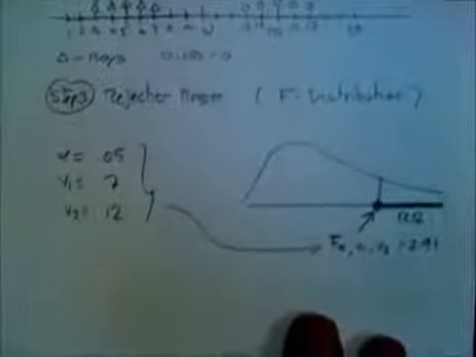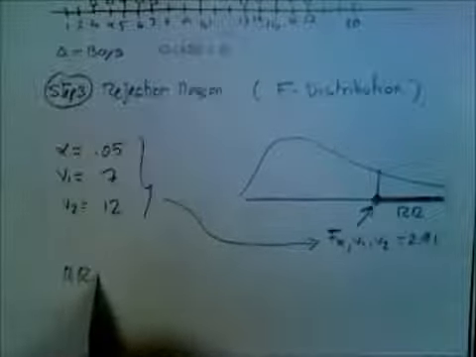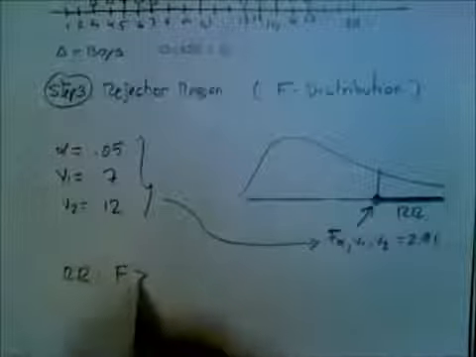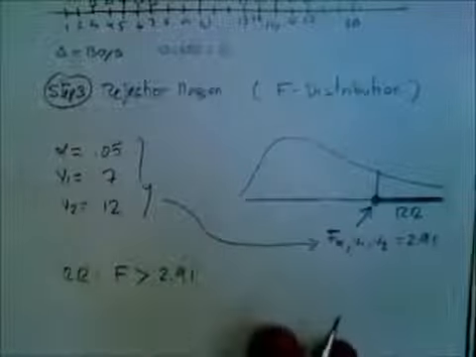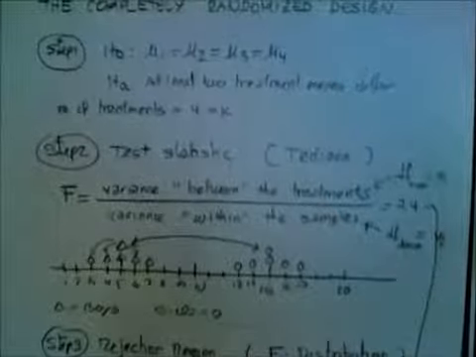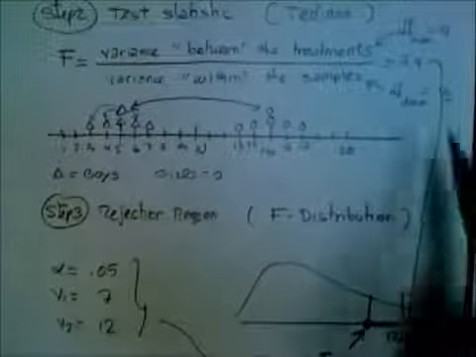And then what is the rejection region? The rejection region will be the values of F that are greater than 2.91. If the test statistic that we calculated here was in fact 7.4, then we see that 7.4 falls right in there, in the rejection region.